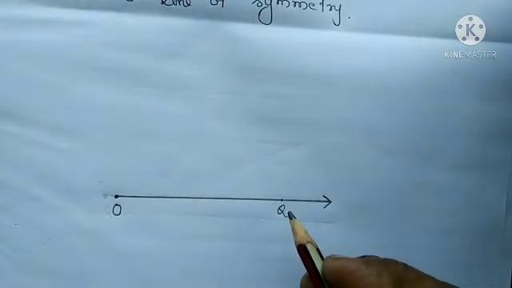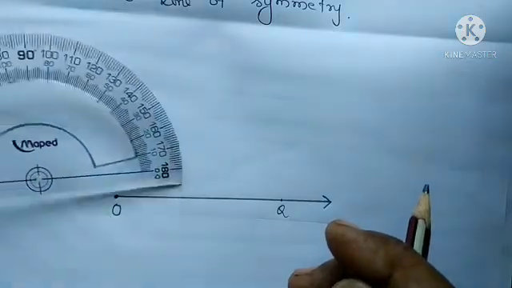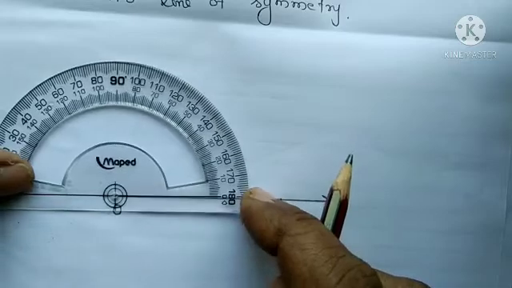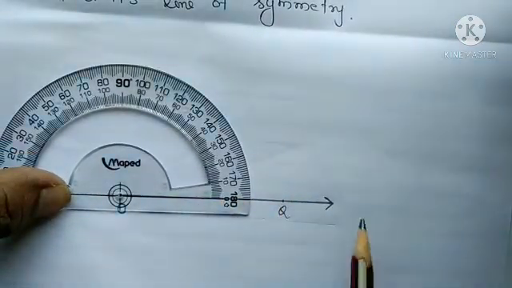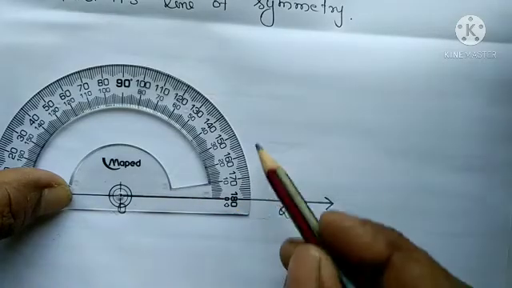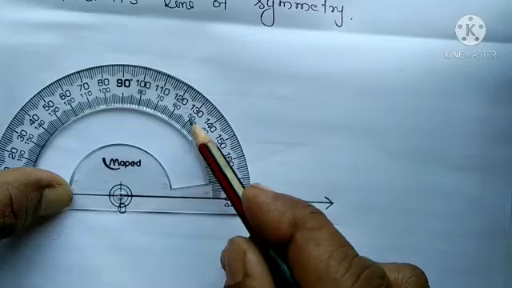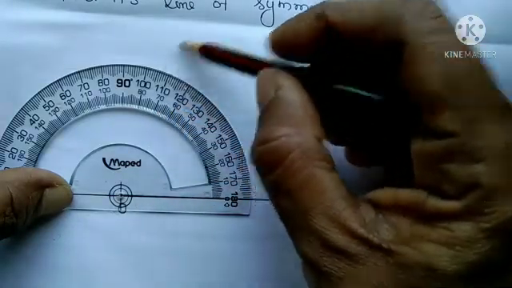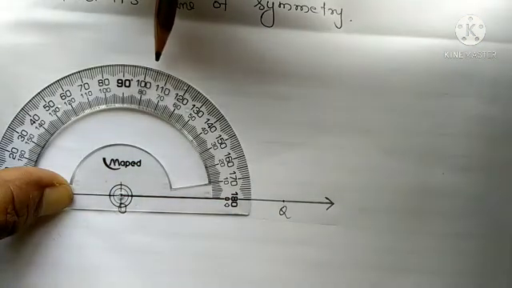Then using protractor we can draw 75 degree. Here the center of the protractor we will put like this, zero edge on the line OQ, and mark 75 degree. 10, 20, 30, 40, 50, 60, 70 and 75. 75 is here in between 70 and 80.